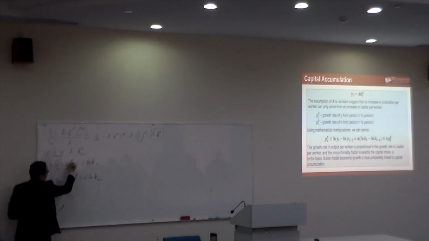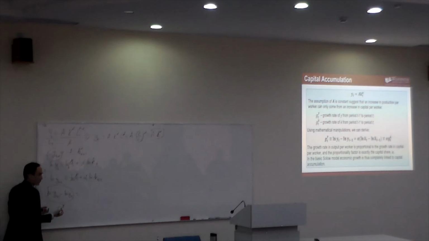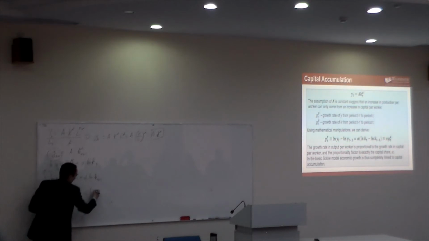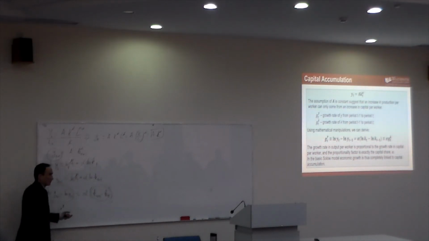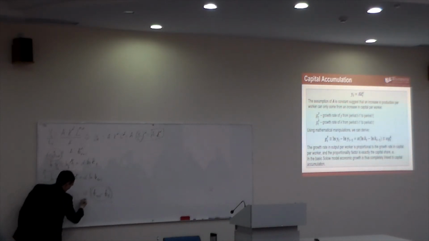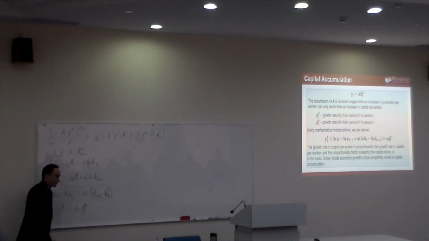These two A's will be cancelled out because it's the same, no change, right? But in here, we will get alpha times per capita capital t plus 1 minus per capita capital t, which gives us growth in capital, right? Which is equal to growth in y. So it is equal to alpha times growth in per capita capital.